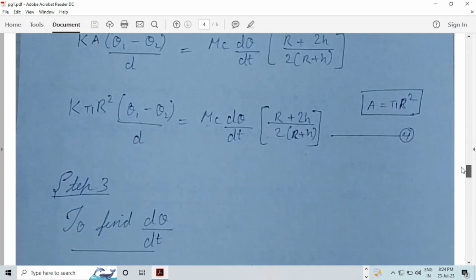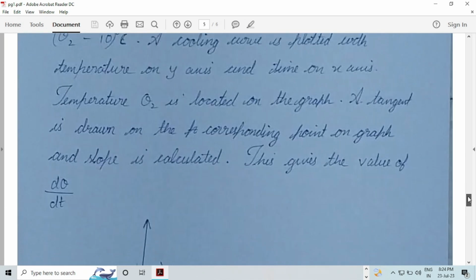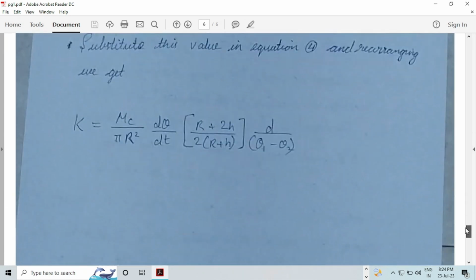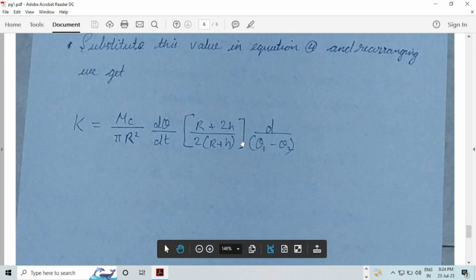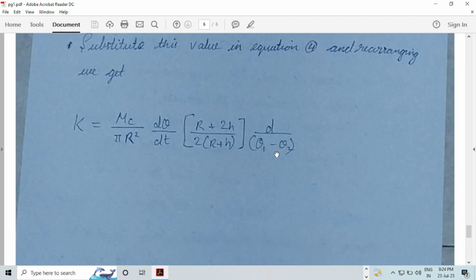From equation 4, I have derived the equation for K, and this is how the last equation is obtained. So we got all the values. We got d theta by dt and we know all other constants. So this is the required equation for thermal conductivity of the specimen.